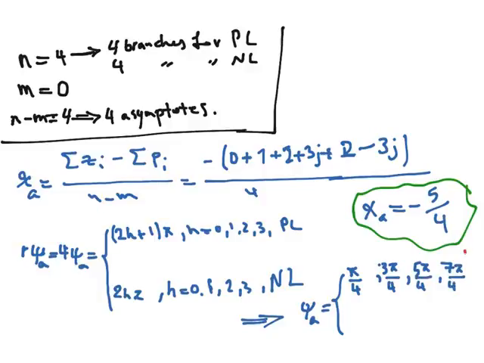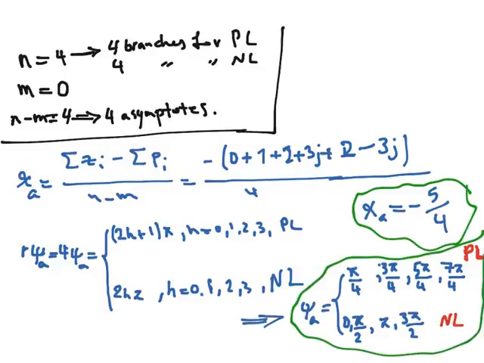This is for positive locus, for PL. And for negative locus, we will have 0, pi over 2, pi, and 3 pi over 2.